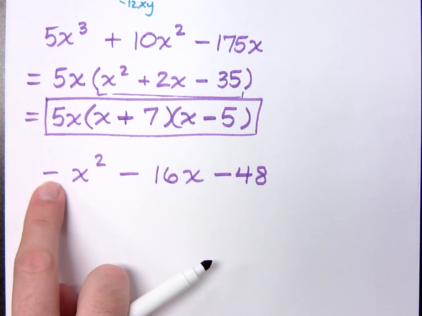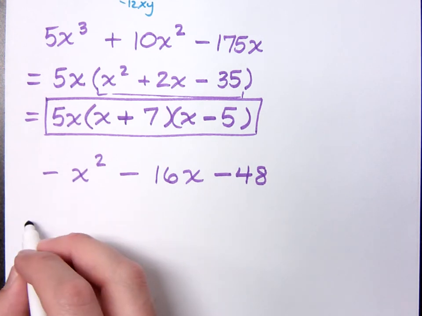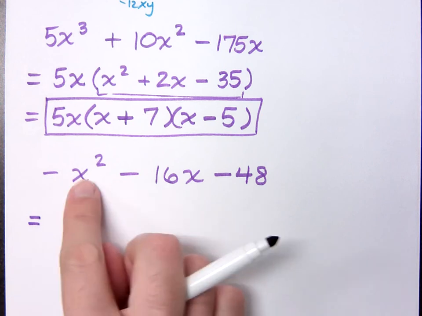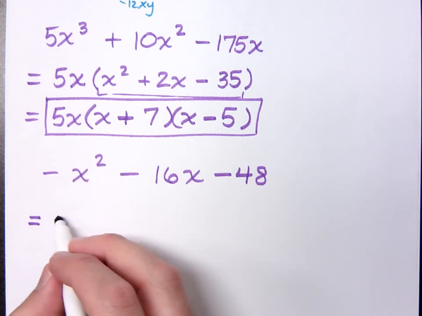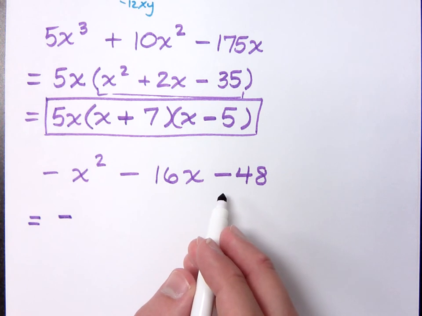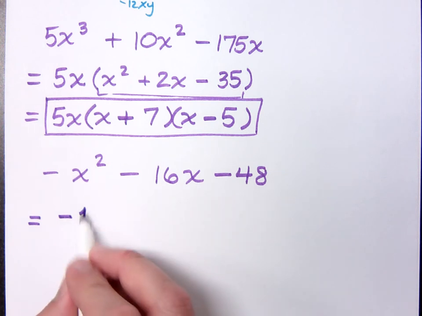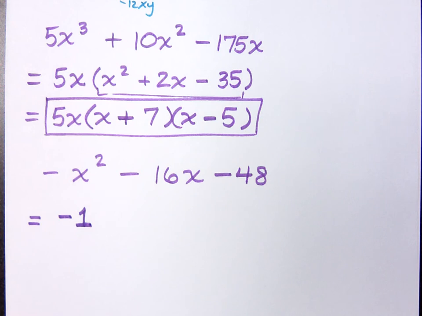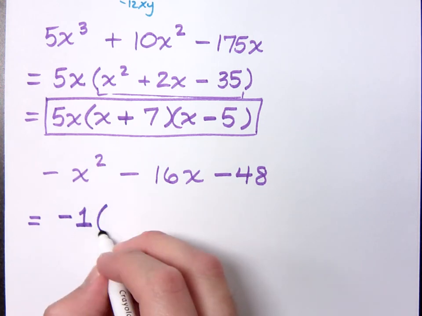We don't want to do that. Anytime you start with a negative and you have something in descending order like this, take out the negative along with whatever goes into everybody here, which is what? It's just 1, so negative 1. So divide by the negative 1, factor that out, and what do we have?